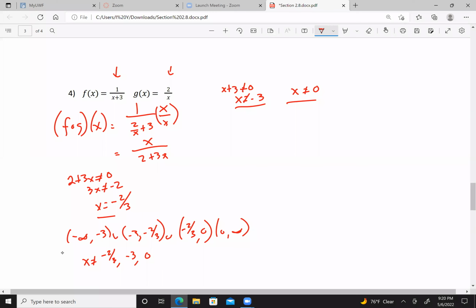Okay, so now we're looking at g of f of x, which is simply 2 over 1 over x plus 3. Actually, that's an error.